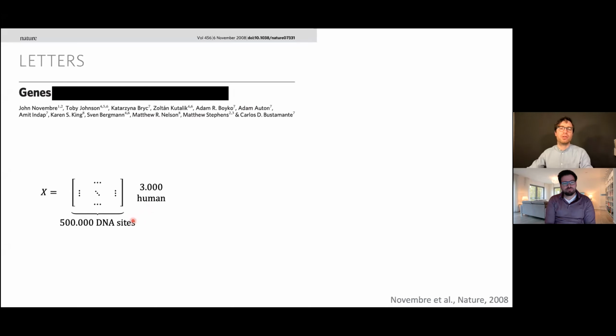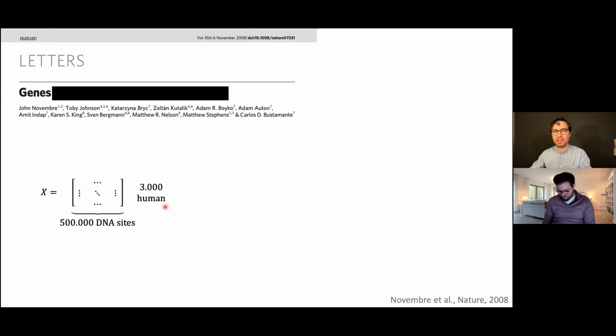And now you can imagine that the DNA is a long string of characters, right? And to a large part, this is conserved from one human to another human. So the DNA will be pretty much the same. But at some positions, we have variations, right? The DNA from one human to another is not exactly the same. And at 500,000 positions, the authors quantified the DNA state. And so this gives you a data set with a dimension of approximately 500,000 for 3,000 humans.